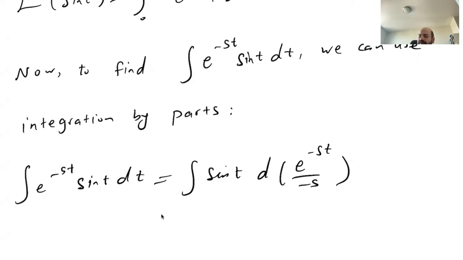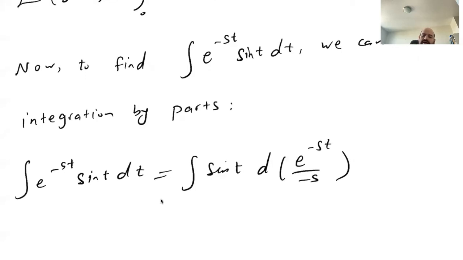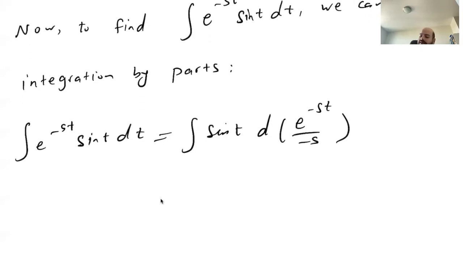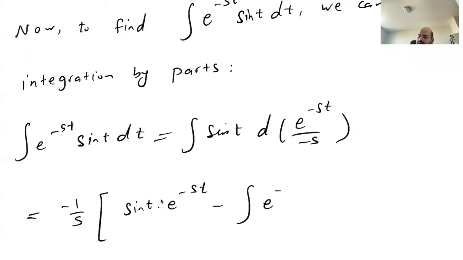Now I have integral u dv. I can write it as uv minus integral v du. So I can write this one as, again, minus 1 over s can be taken out of the integral, and then sine t e to power minus st, and then minus integral e to power minus st d sine t.